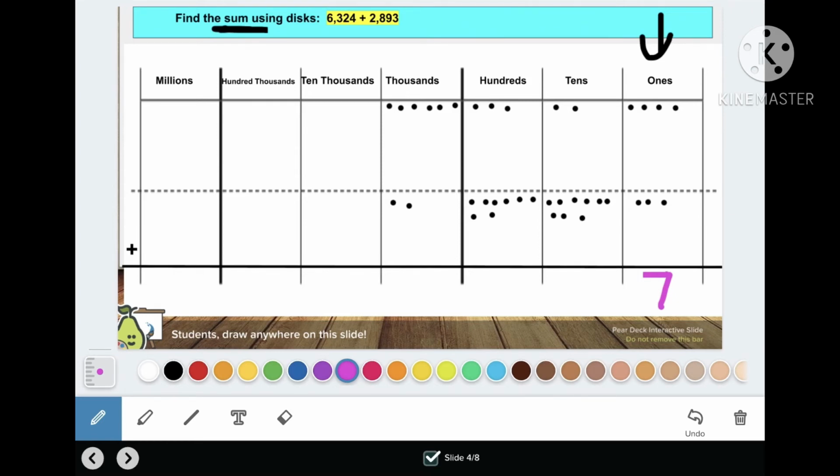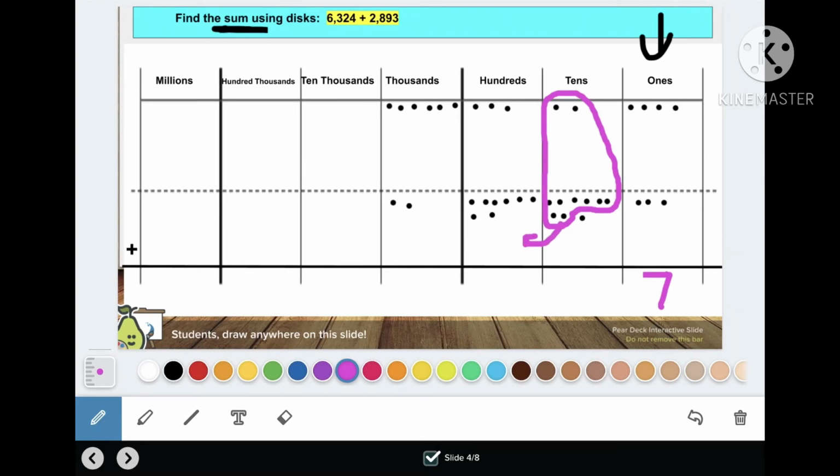So let's count our 10 and then let's bundle. I'm starting all the way at the top. 1, 2, 3, 4, 5, 6, 7, 8, 9, 10. Let's go ahead and bundle this group of 10. And when I bundle, what happens to that group of 10? Let me help you out. I'm drawing an arrow.